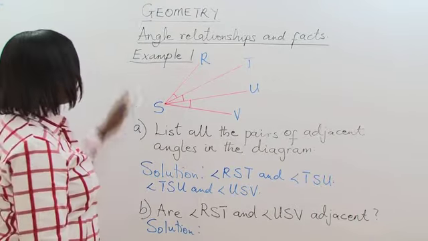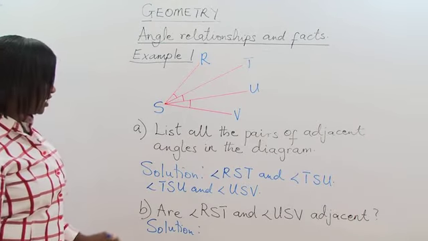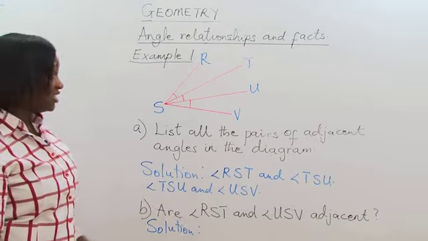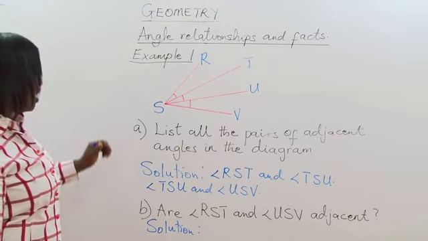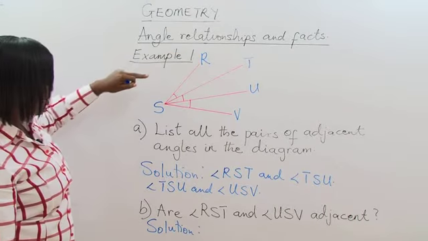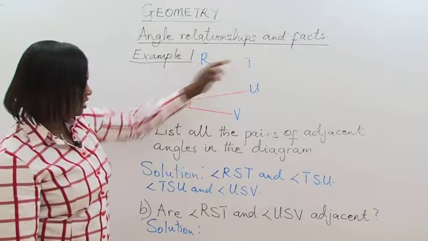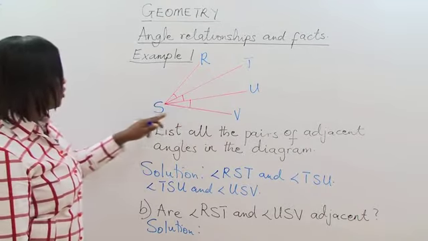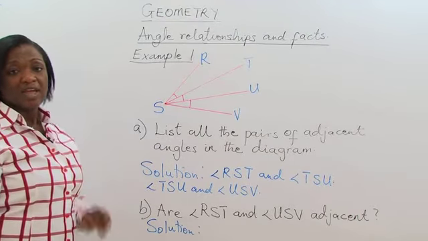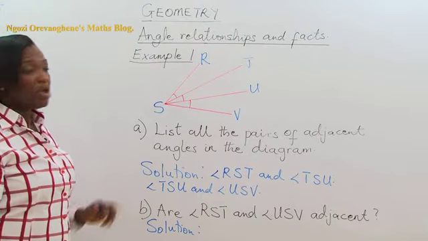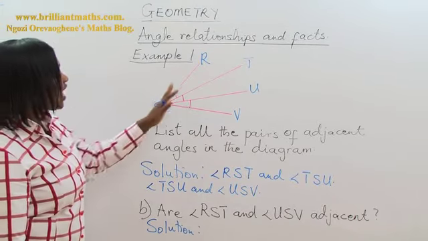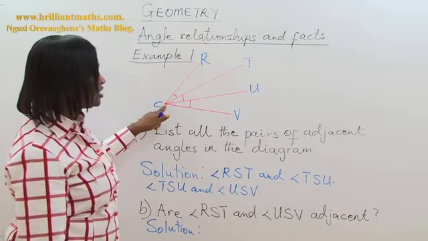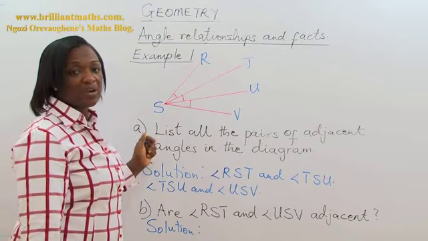For the second question in the same example, question B says, are angle RST and angle USV adjacent? Let's see those angles. Angle RST, is it adjacent to angle USV? The answer is no. No, because they do not lie next to each other. Although they have a common vertex, which is S, they do not have a common arm.